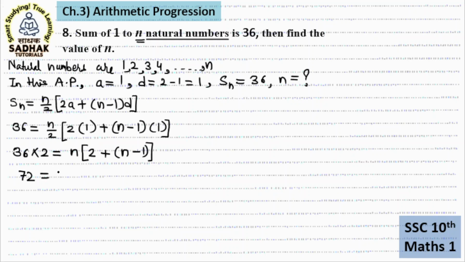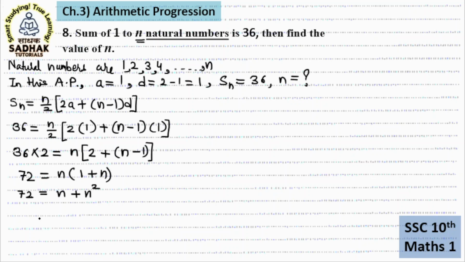Now this n remains outside the bracket. 2 minus 1 will give us 1, plus n. Now there is nothing to simplify on the left hand side, so we write it as it is. Now this we have to multiply. n multiplied by 1 is n, plus n multiplied by 1, n multiplied by n is n square.